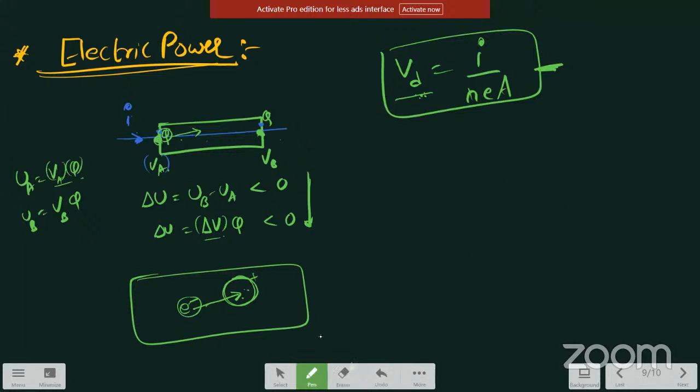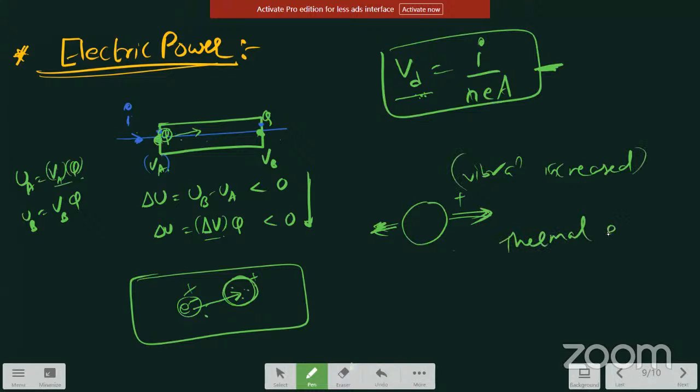When the energy is taken by this ion, it starts to vibrate vigorously. Because of accepting energy from this charge particle, the vibration of the ions or atoms got increased, and because of vibration, thermal energy is released.